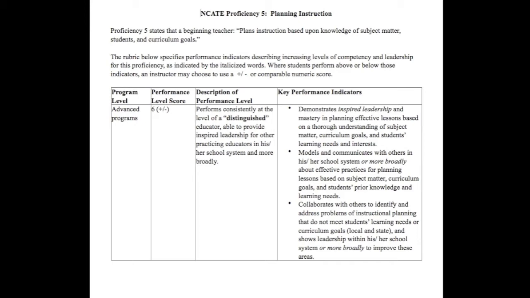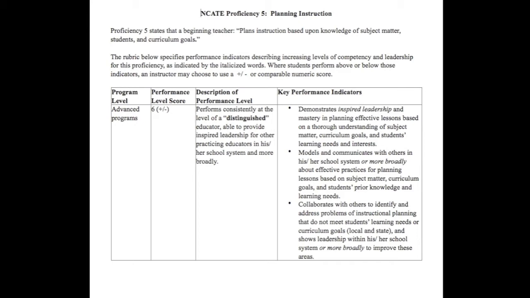You'll notice that one thing that is present at all levels is engagement in professional learning. At the higher levels of 5 and 6, students are expected to demonstrate increasing levels of leadership in their professional role.